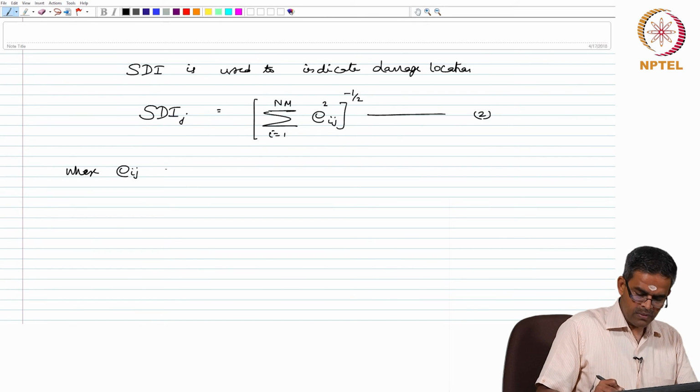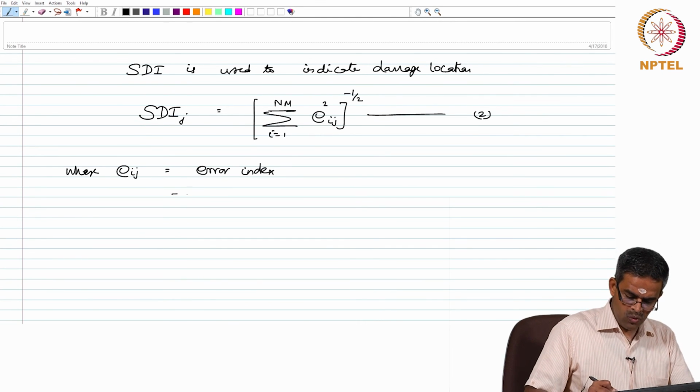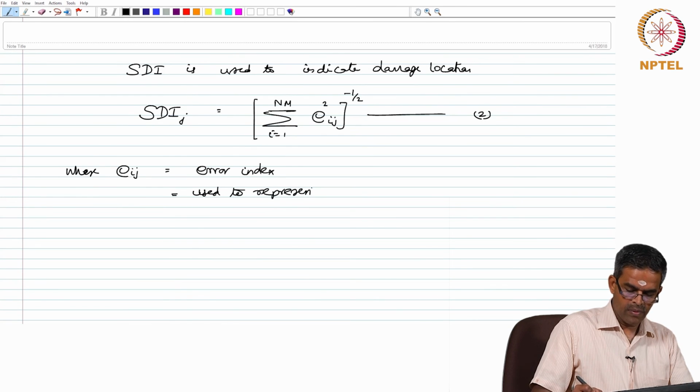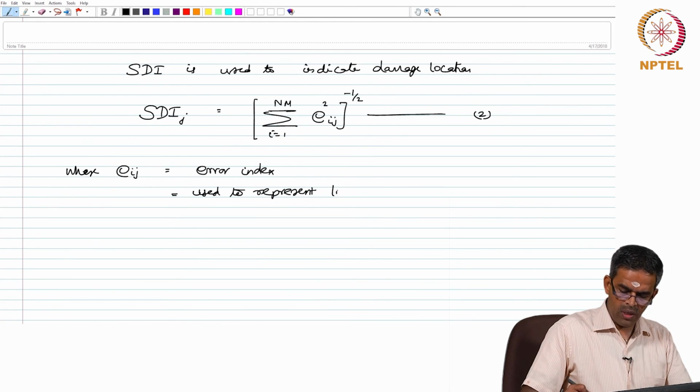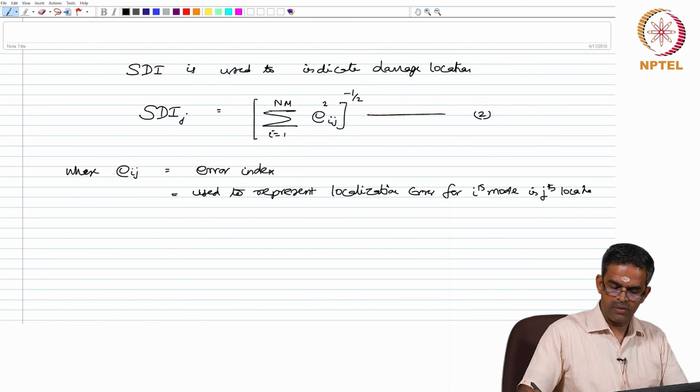Where Eij is termed as error index. This is used to represent localization error for ith mode in jth location, that is why it is Eij.